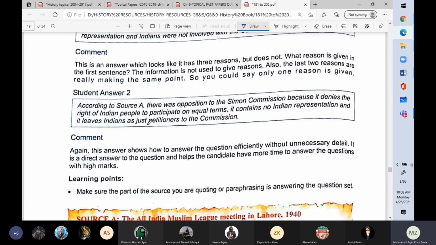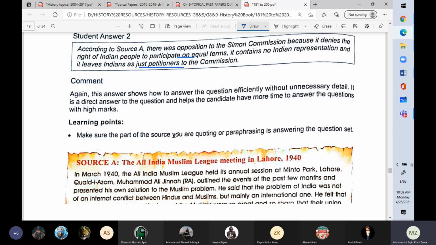So student 2 answered, according to source A, there was opposition to the Simon Commission because it denies the right of the Indian people to participate on equal terms. It contains no Indian representation. So right to participate, no Indian representation. It leaves Indians just as petitioners to the commission.